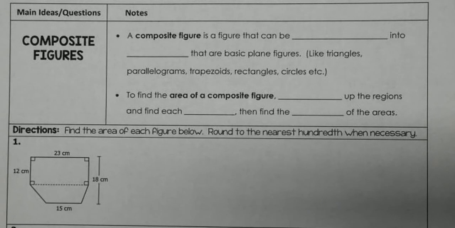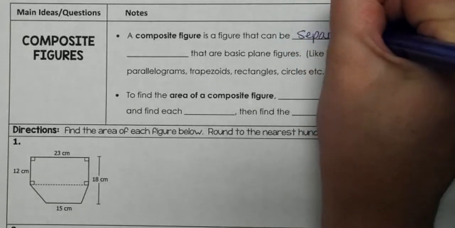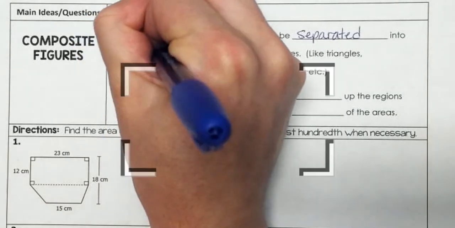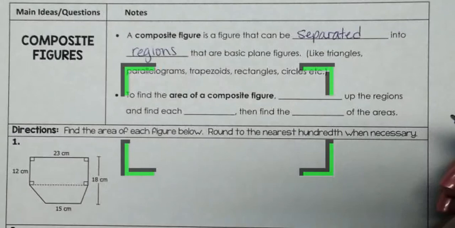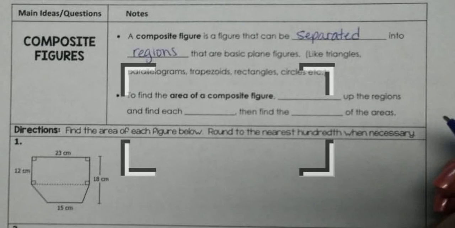Alright, a composite figure is a figure that can be separated into regions that are basic plane figures like triangles, parallelograms, trapezoids, rectangles, circles, etc. And we've looked at all those area formulas.